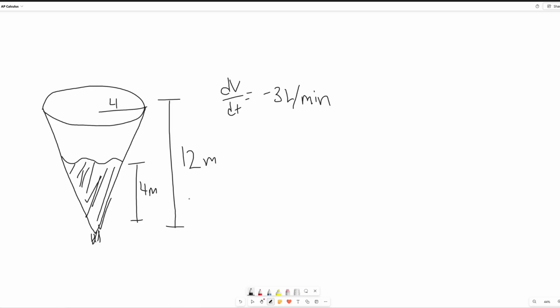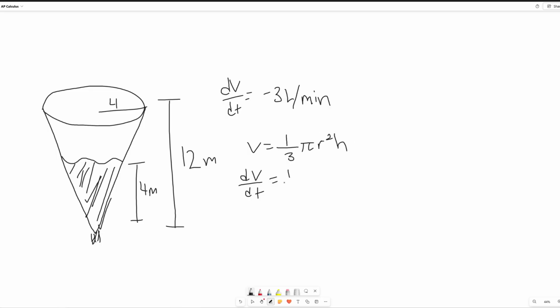So, on questions like this, you will very often be given the formula. V is 1/3 pi r squared h. You do not need to memorize this formula. This is the volume of a cone. So, let's do what we did before. Let's take dV over dt equals, now careful, this here is the product rule.